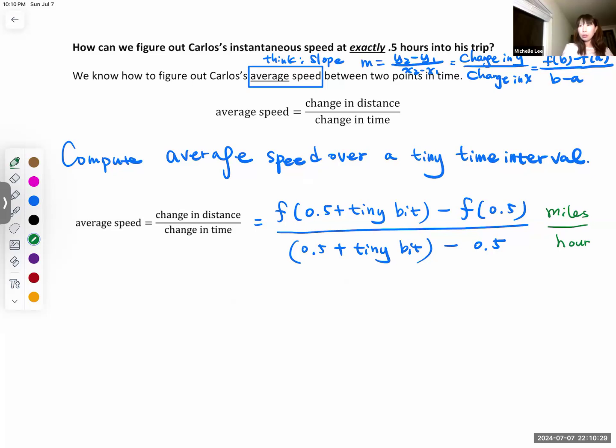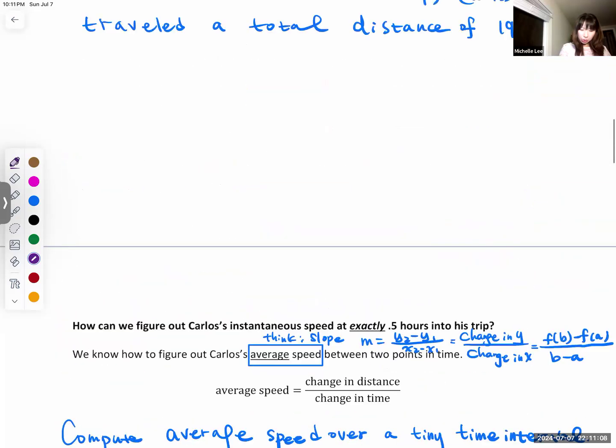Okay, let's calculate this one. So we have f of 0.5 plus a tiny little bit. That means let's give us 0.5001. Okay, then we substitute into this function.